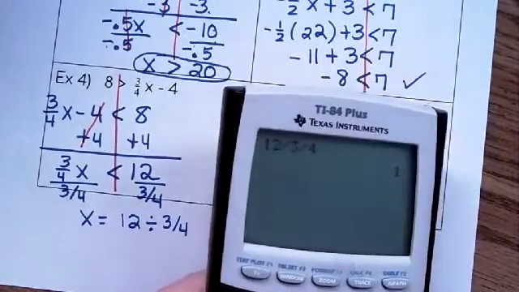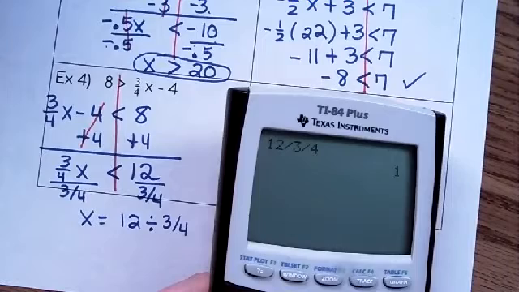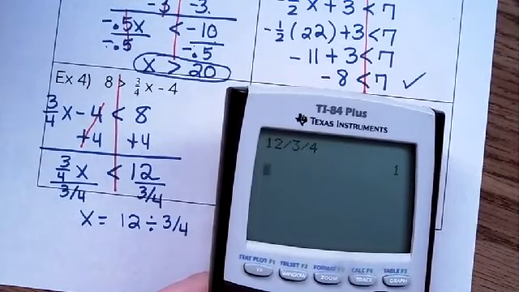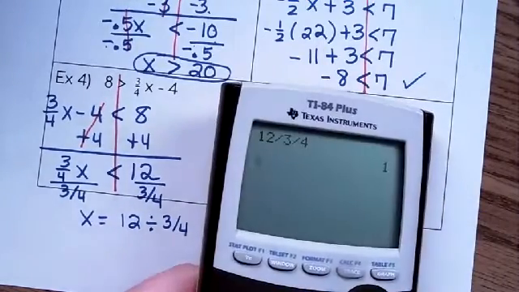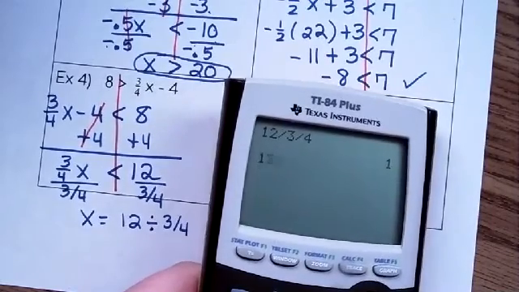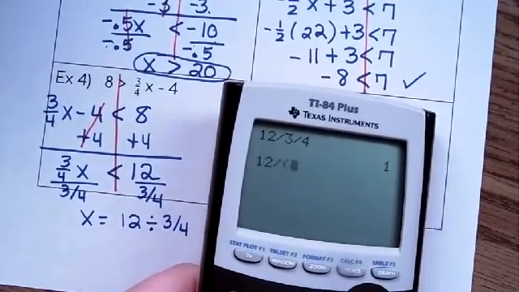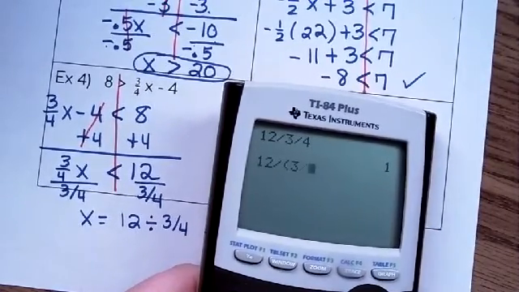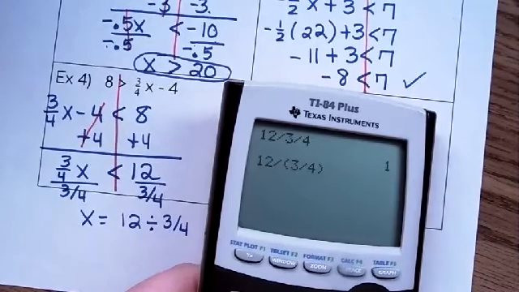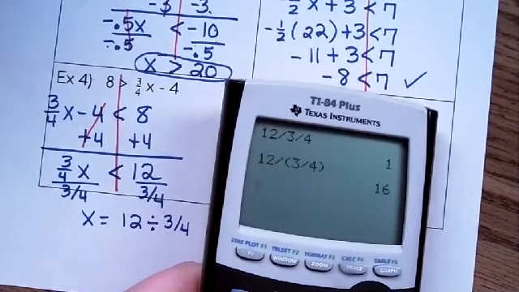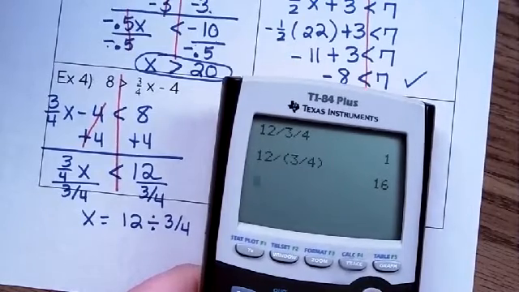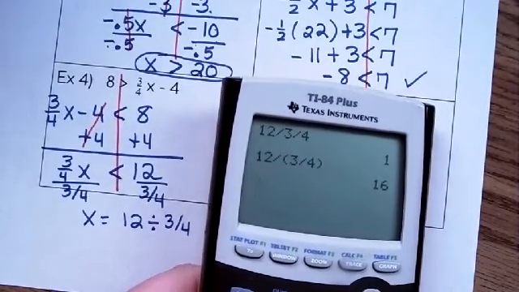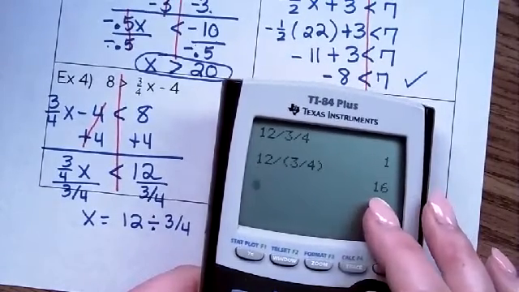Okay, now that's not right. Let's see what we can do with that. Do you know how to put your fraction in parentheses? Okay, you remember doing this last year, putting parentheses around your fraction? And this time, when I did 12 divided by 3/4 using my parentheses, what did I get? 16.